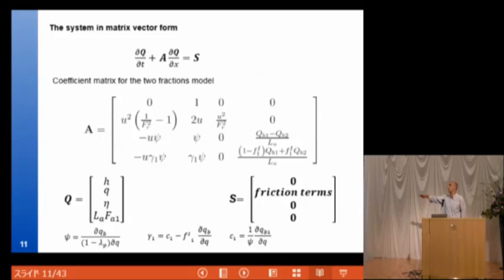If you rewrite the equations in this manner, for the case of two fractions, your unknowns are water depth, discharge, bed elevation, and the content of fines in the active layer. You have this matrix, which contains a lot of information. I will try to explain which kind of information is contained there.